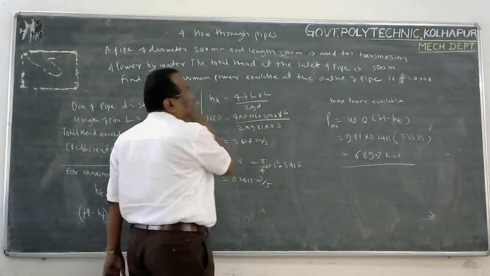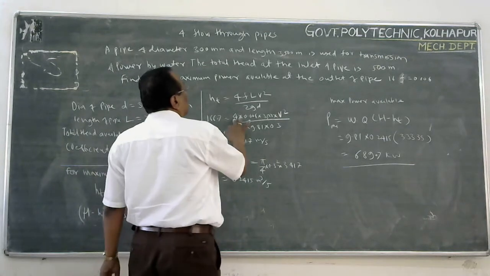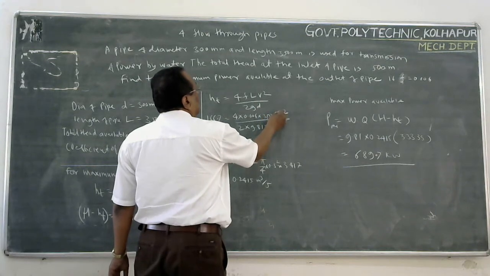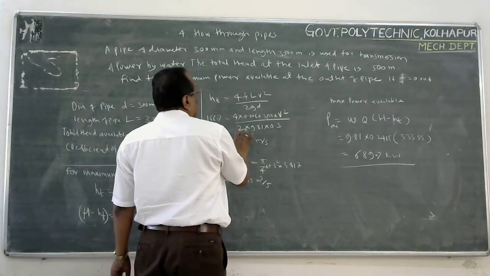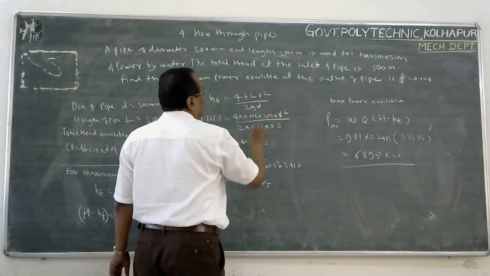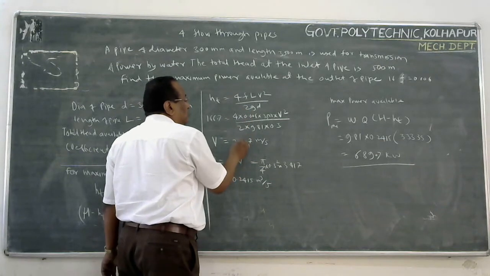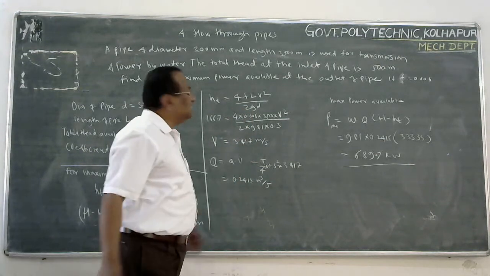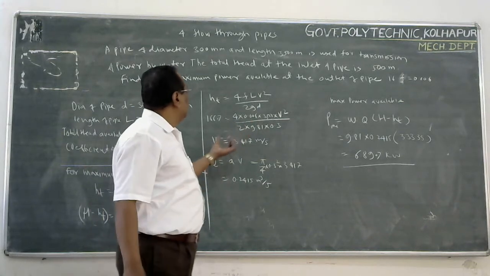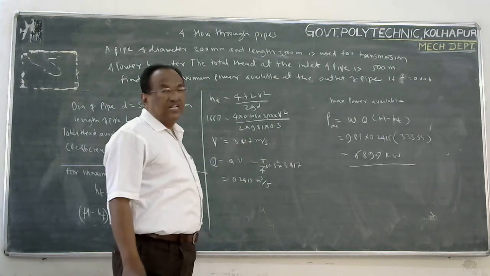For that purpose we use this formula. So 4 into coefficient of friction into length of pipe multiplied by V square divided by 2 into 9.81 multiplied by 0.3, that is diameter of pipe. The velocity by calculating this comes out to be 3.417 meters per second. If you solve this, you will get the velocity of water equal to 3.417 meters per second.